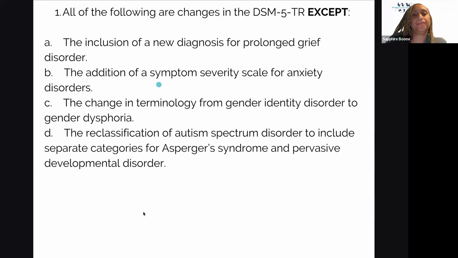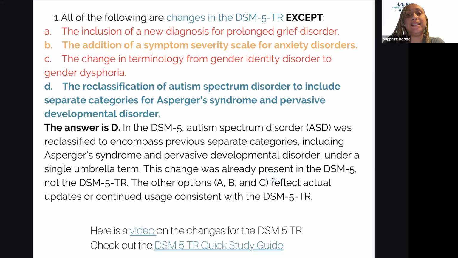All right. This one's a shorter one, so we can move through it. This question was about the changes in the DSM-5 TR, and the answer is D. When it says except, you have to do your process of elimination in a backwards way. So you want to eliminate what is true or what was a change.